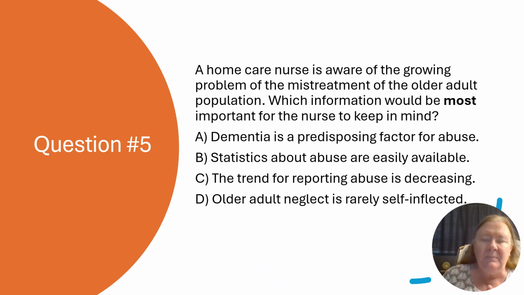And why did I say in my content that the older adult is less likely to report the abuse that they're going through? Because they're embarrassed. They don't want to bring legal action, especially if it's the family. They're afraid they're going to have to leave their house. So they usually don't report abuse.